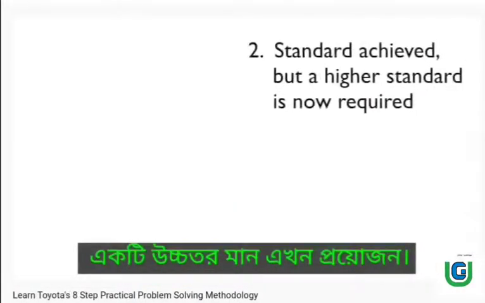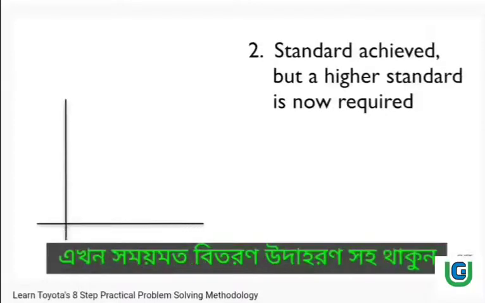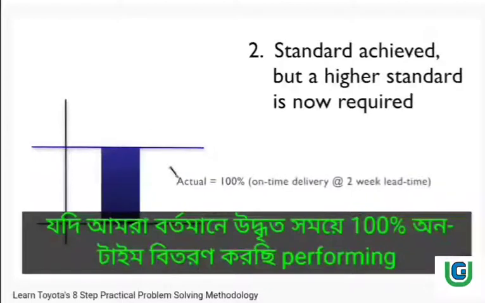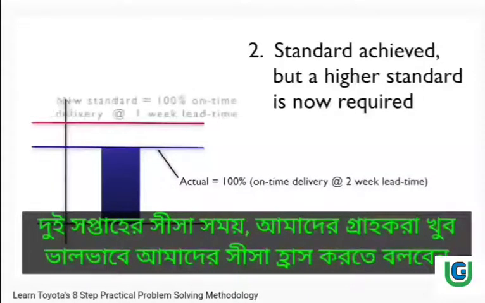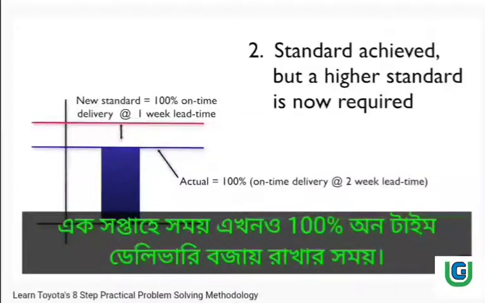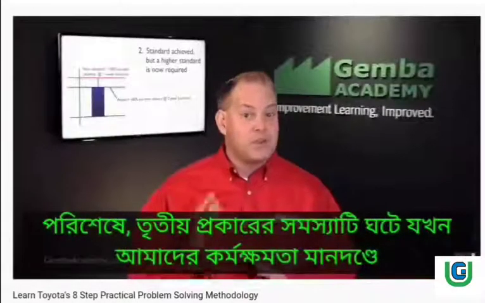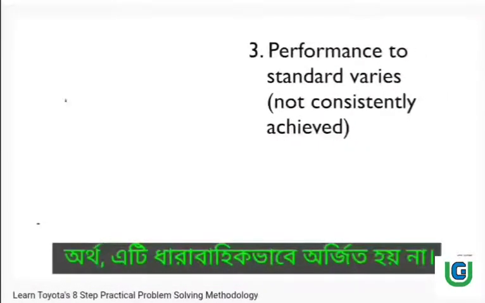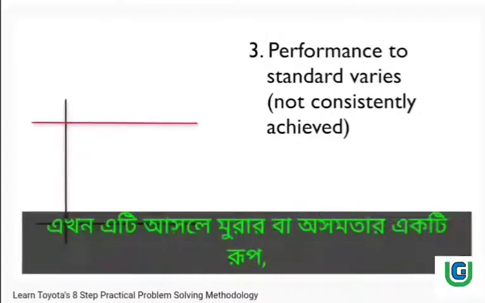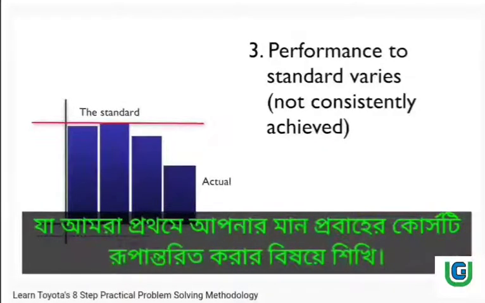Staying with the on-time delivery example, if we're currently performing at 100% on-time delivery at a quoted lead time of 2 weeks, our customers may very well ask us to reduce our lead time to 1 week while still maintaining 100% on-time delivery. And finally, the third type of problem occurs when our performance to the standard varies, meaning it's not consistently achieved. This is actually a form of mura, or unevenness, which we first learned about in the Transforming Your Value Streams course.